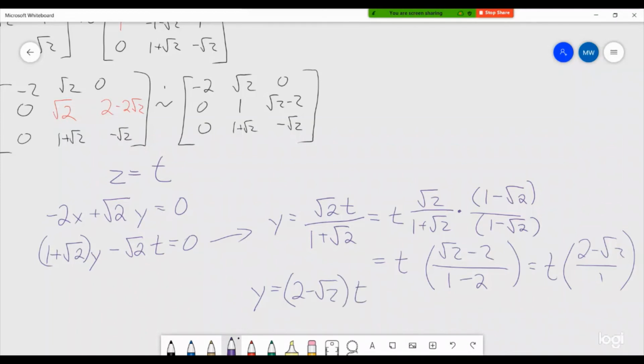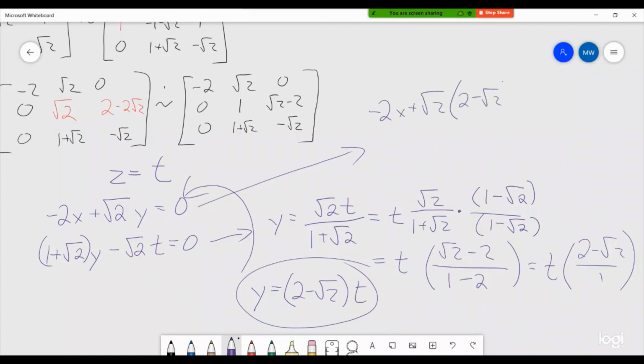And then once we have that, we can then take this and plug it into the first equation to give us that negative 2x plus the square root of 2 times 2 minus the square root of 2 t is equal to 0. So 2x equals 2 minus root 2 times root 2 t.